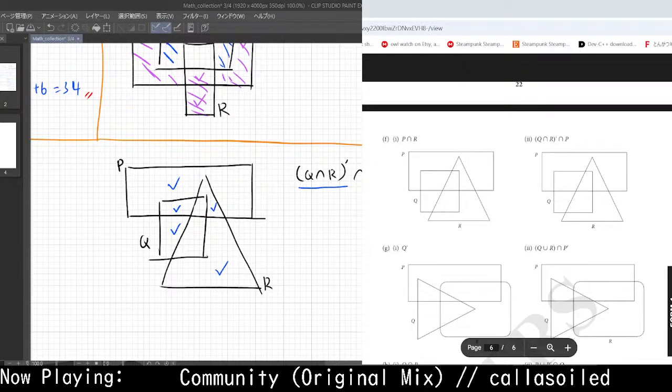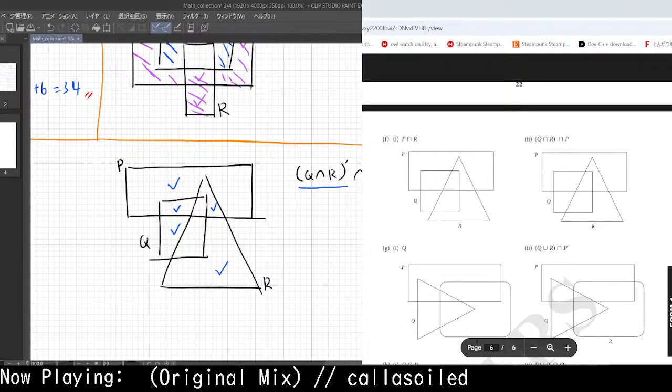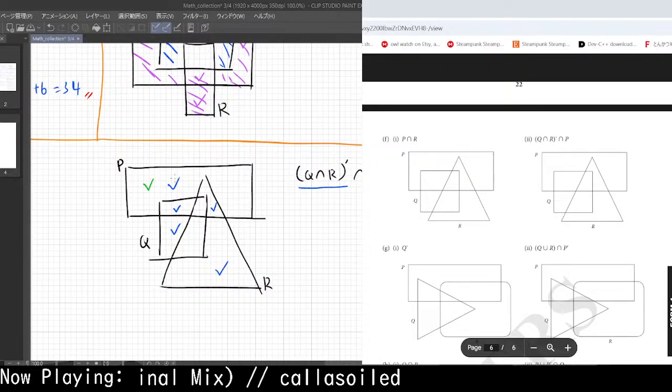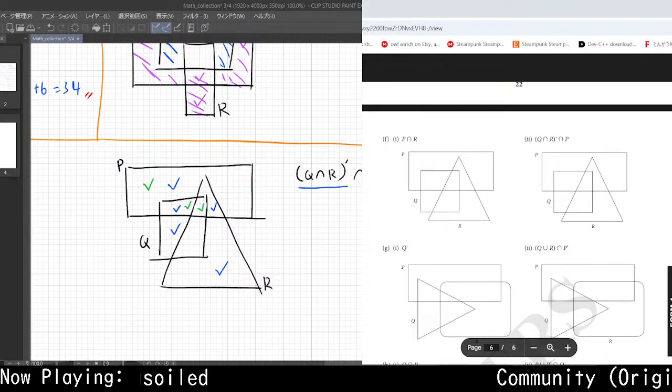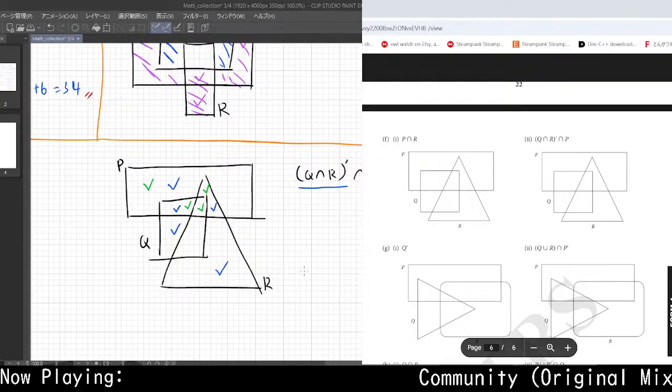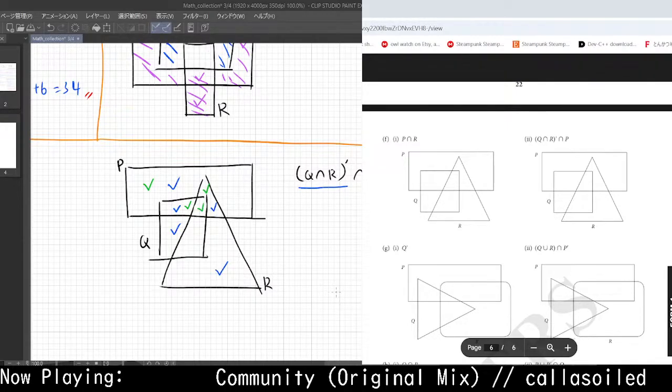Okay. Then you want to intersect with P. P is this and this and this. So these 4 portions. So to intersect means to take the things that are the same, that overlap.